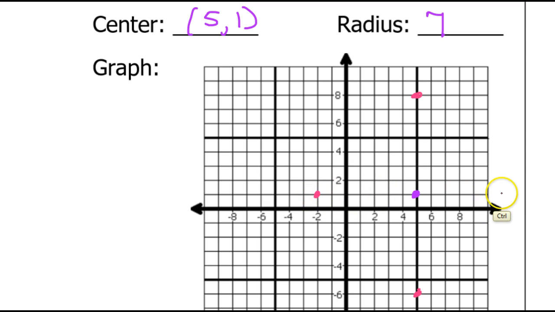Okay, now I'm going to try to go right 7, but I have to estimate a little bit. And now I can draw the circle. That is how it's done.